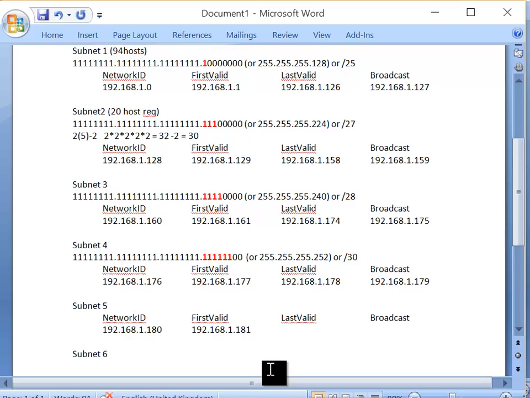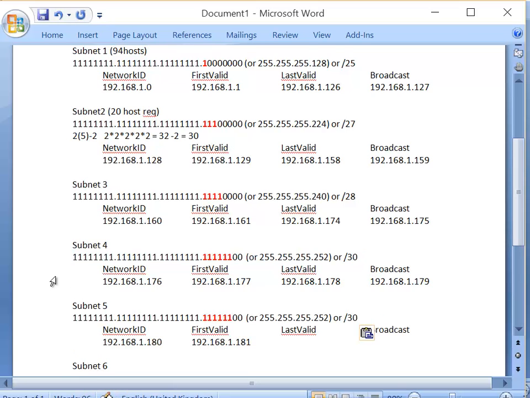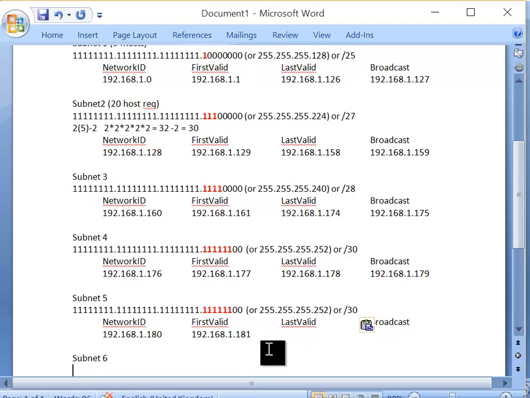We don't need subnet 6, but we just need to find the ID. It's the same because it's only 2 bits, so it's going to increment by 4s. So the network ID of subnet 6 is 192.168.1.184.